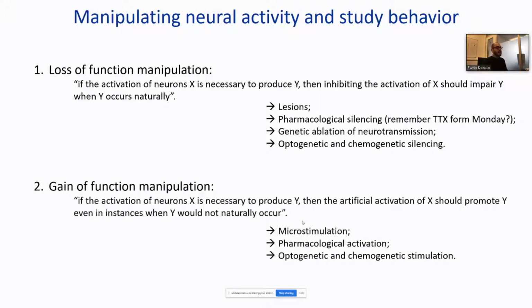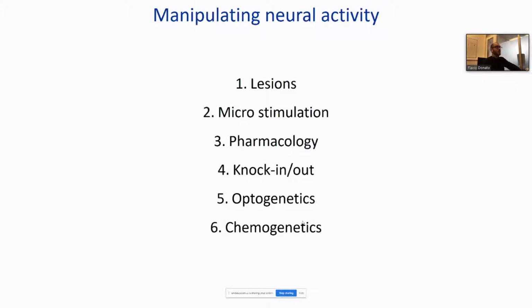To have this type of manipulation, we usually go through microstimulation. So we literally stick an electrode in and activate the neurons. We can have pharmacological activation, and again, optogenetic or chemogenetic stimulation. And this is what we are going to use now. So now we're going to go a little bit through all these technologies.